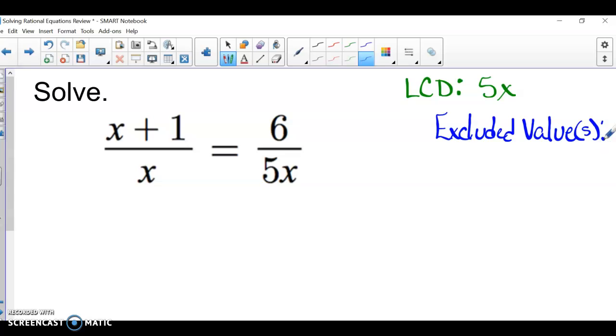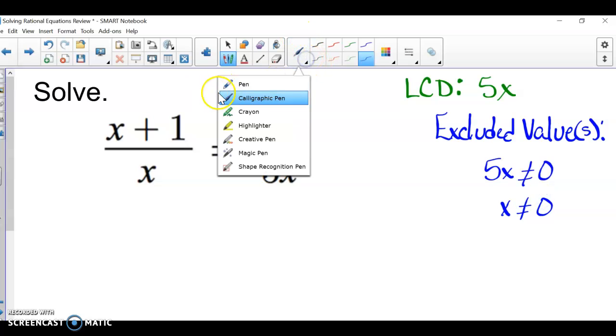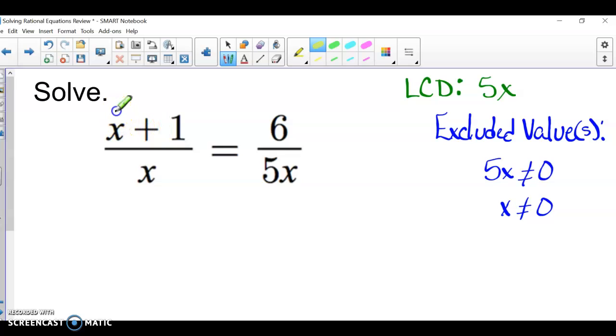I'll put the S in parentheses because sometimes we only have one, sometimes we have more than one. We simply take our common denominator and we say that it cannot equal 0. Divide by 5, so x cannot equal 0. That's our excluded value.